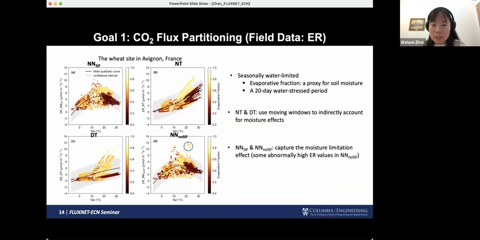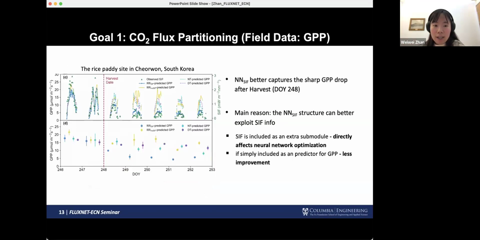So I would say this shape is not mostly driven by the inclusion of SIF. But we do observe that the no SIF model shows some abnormally high ecosystem respiration values, as shown in this circle. So adding SIF further constrains the respiration estimates to be within a reasonable range for this part.